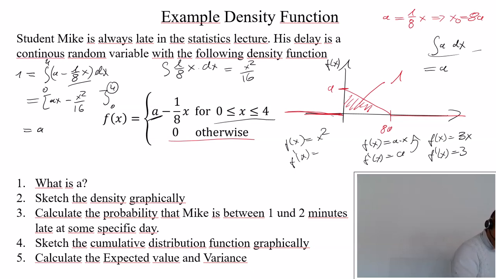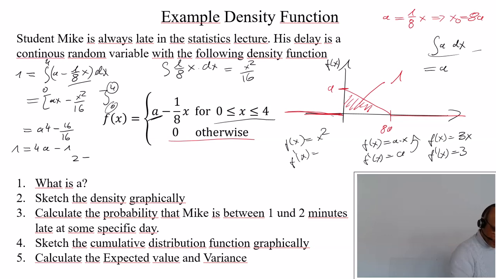And then setting in our limits. So we obtain a times 4 minus 16 over 16, and setting in 0, of course this vanishes. So we obtain 4a minus 1 equals still 1.